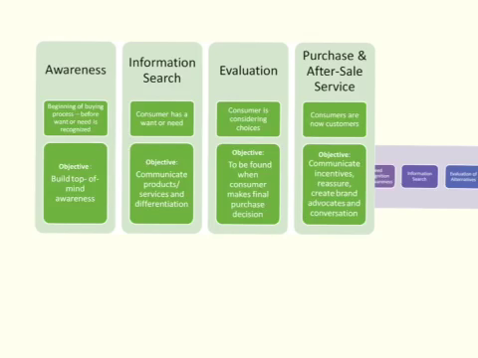And number 2, from the consumer's perspective, the consumer has a want or need. Then the objective of the marketer is supposed to be how to communicate products or service, and differentiation makes a difference from competitors, because there are lots of competitors surrounding the customer group.